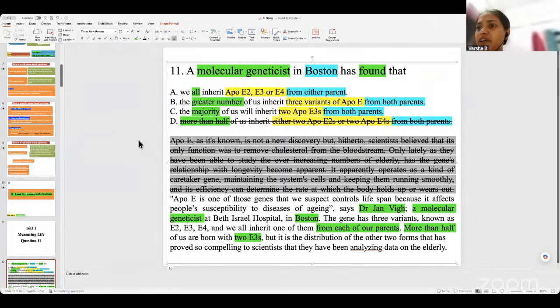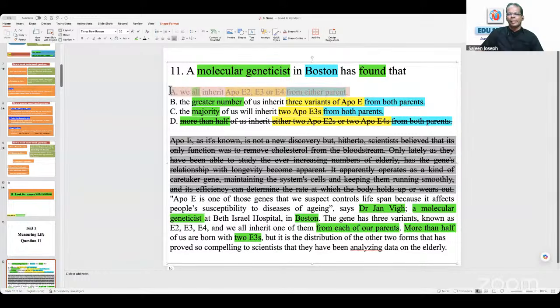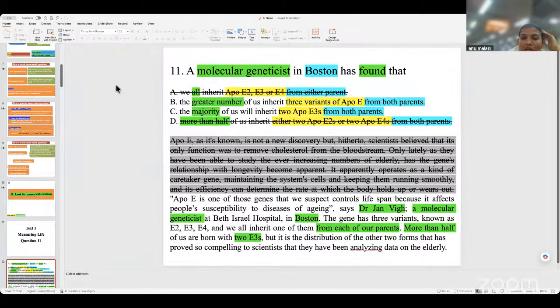The gene has 3 variants known as E2, E3, E4, and we all inherit one of them. So we can either say from either parent, or from only one parent. But it is written from each of our parents. So we all inherit one of them from each of our parents.